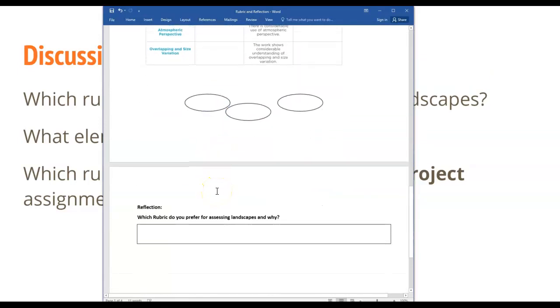And I want you to consider which rubric you preferred using to assess these landscapes and why. And if there are any other comments or reflections or concerns or thoughts that you have, please also type those in the box so that I might be able to address those as we move forward with this.